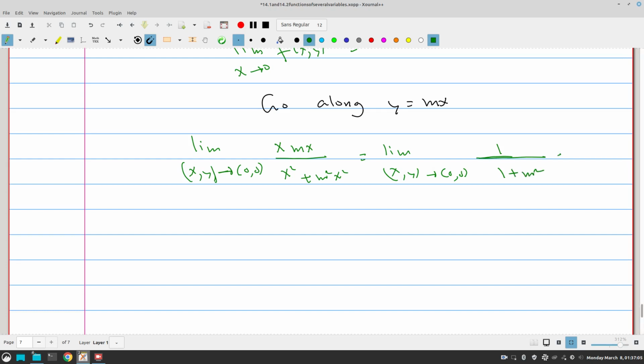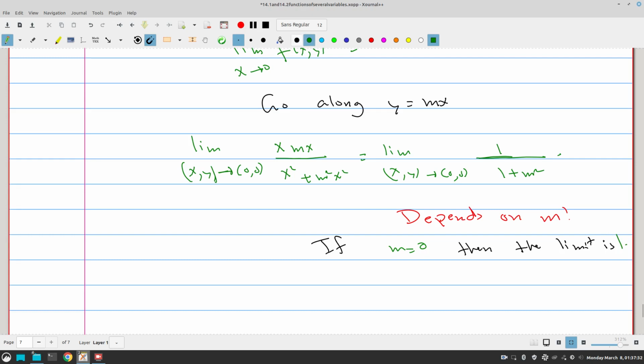This depends on m. If m equals 0, then the limit is 1.